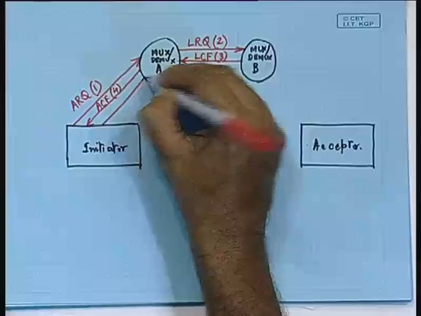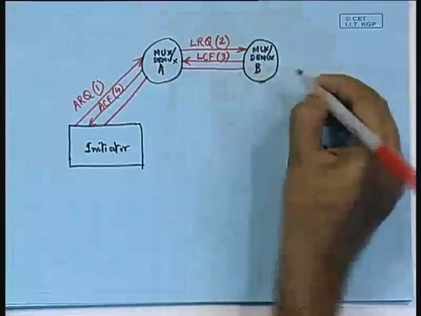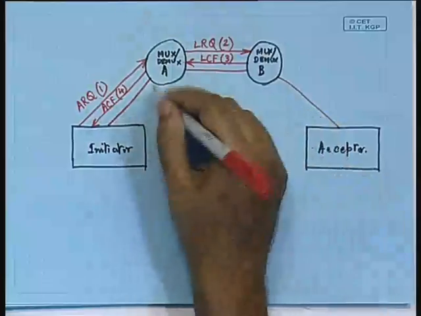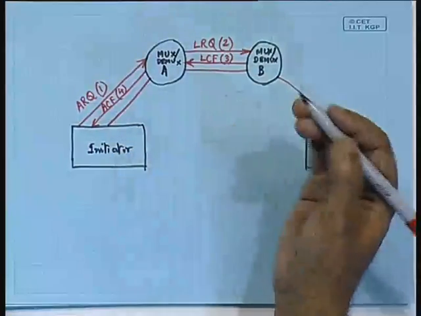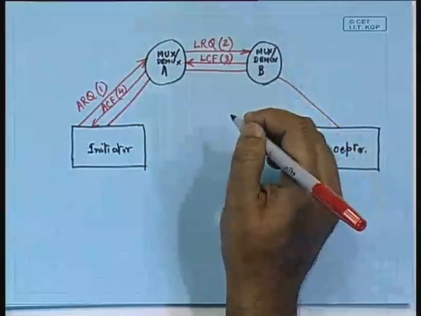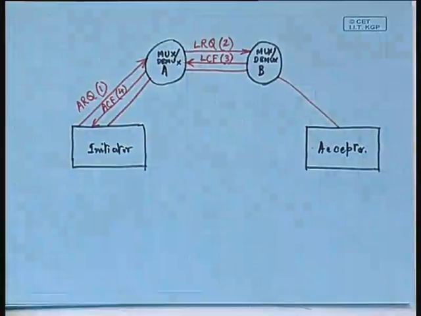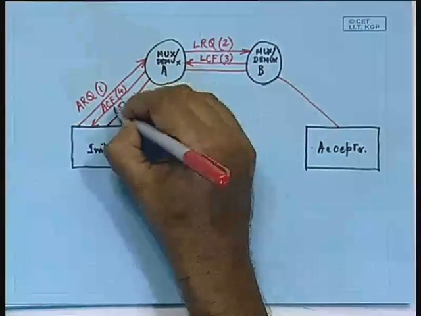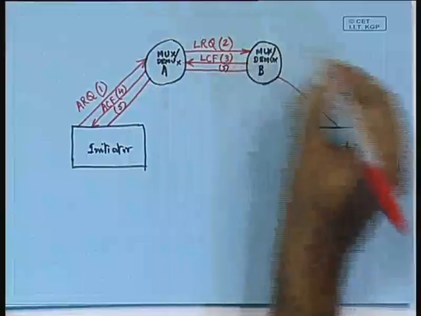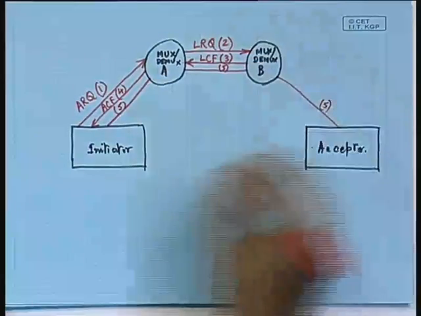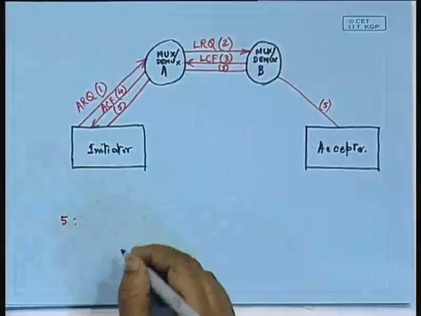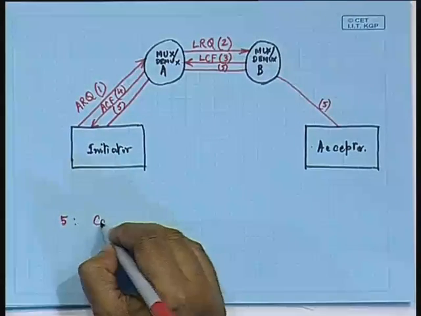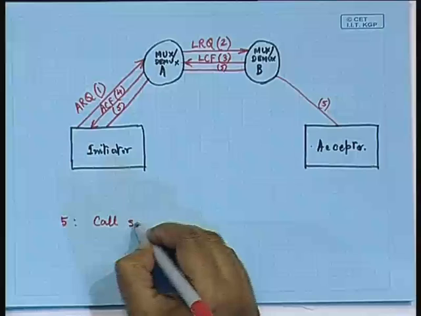So, that will be step number 5. I am not giving any specific direction because it will be bidirectional, as the signaling will be going back and forth. So, step number 5 is for endpoints exchanging call signaling and H.245 control messages.